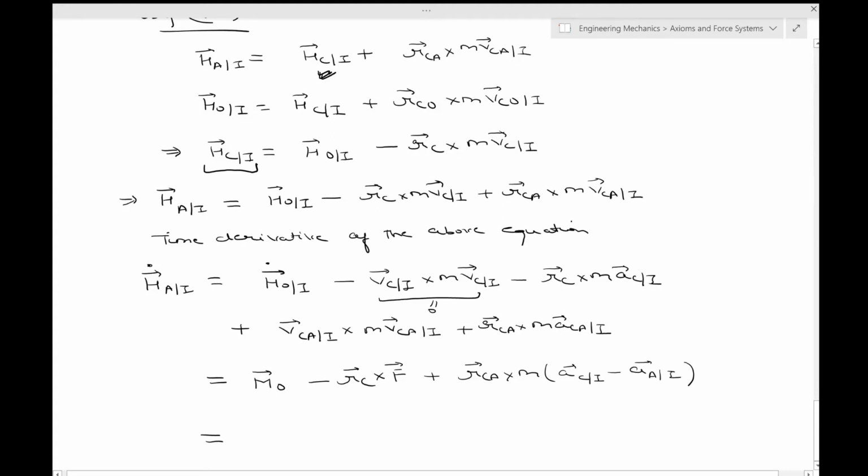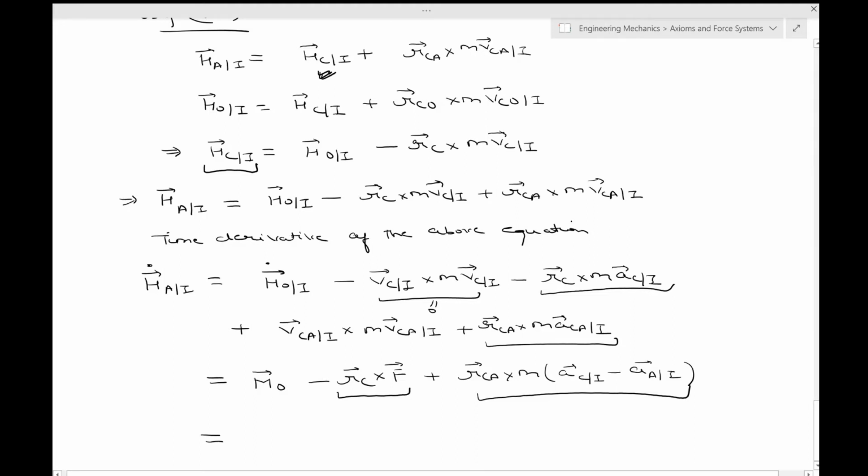Then you have RCA cross MACA. Now this quantity gets cancelled with the one over here, and we have RC cross F. So ACA is equal to AC minus AA.